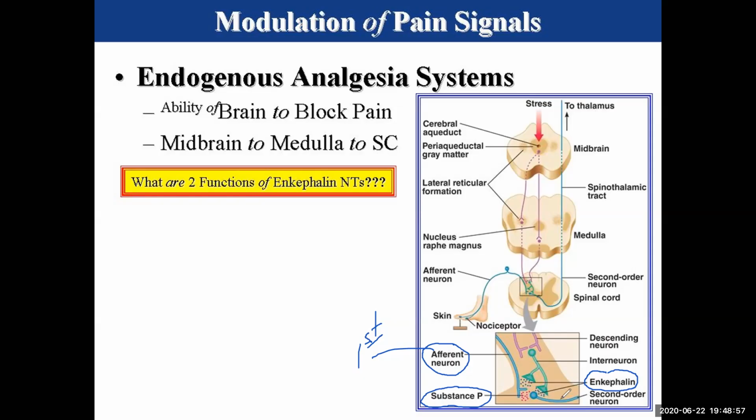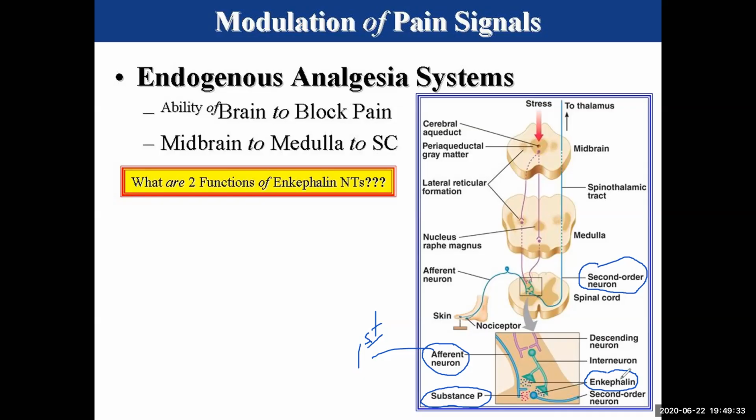That's one mechanism. The other mechanism, enkephalin is also producing IPSPs on the cell body of the second order neuron. So again, decreasing the probability of firing action potential. Therefore, decreasing the signal going toward the thalami and ultimately to the primary somatosensory cortex, decreasing pain perception, right? So this second order neuron here is being prevented from firing action potential due to these two mechanisms.